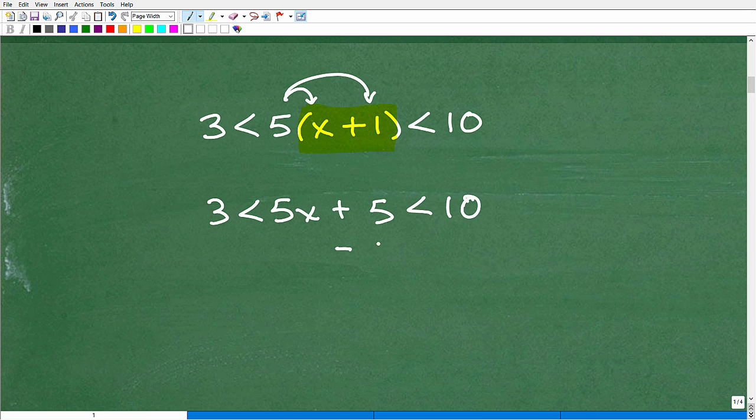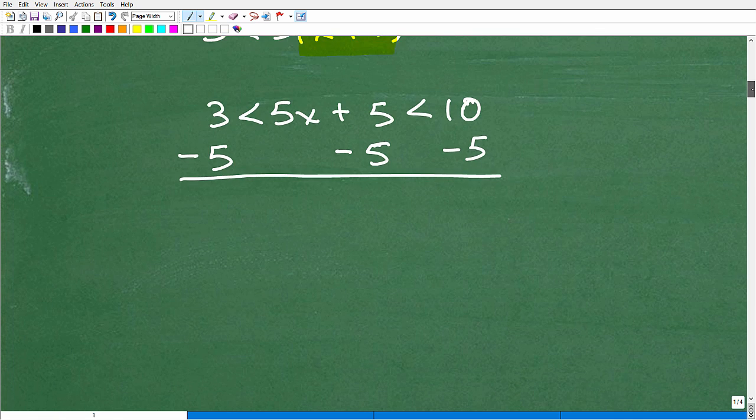So I'm going to subtract 5 from the center here, but I have to now subtract 5 from everything, okay? Just like an equation, you have to be fair across the board. So let's see what that looks like. 3 plus negative 5 is negative 2 is less than 5x is less than 5.